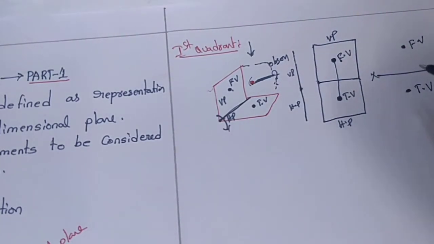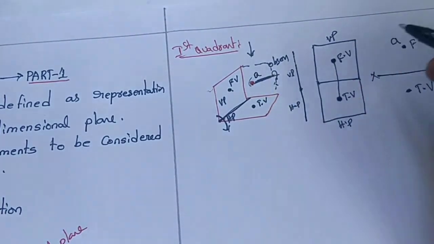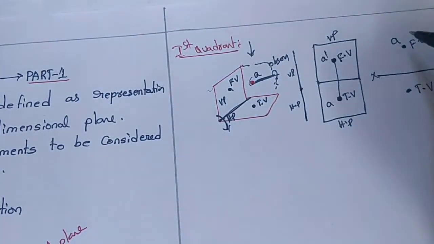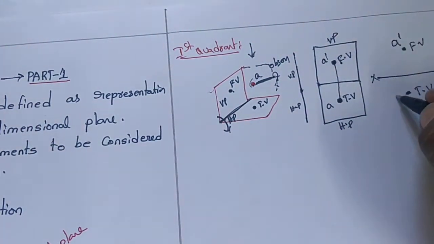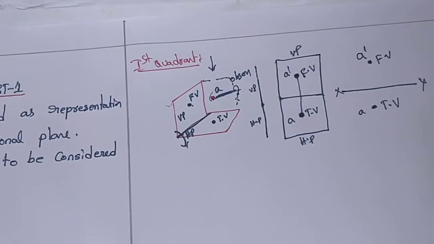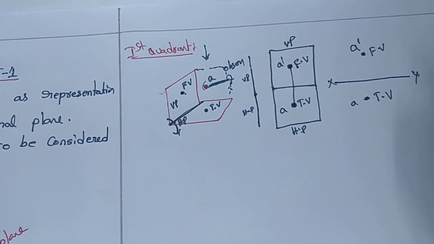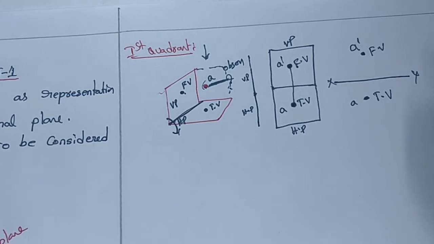The front view is always represented with a prime. Suppose this is point A: it is A dash and A. A dash is the front view, A is the top view. The front view, top view and side views are denoted by small letters.